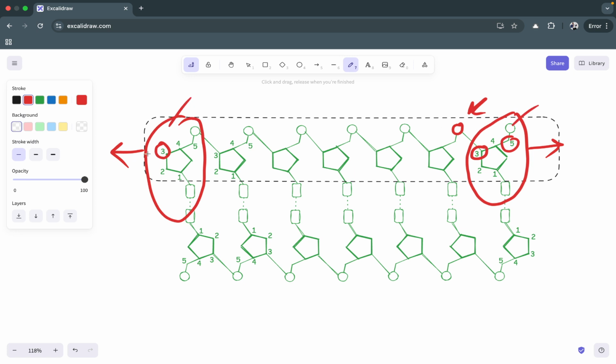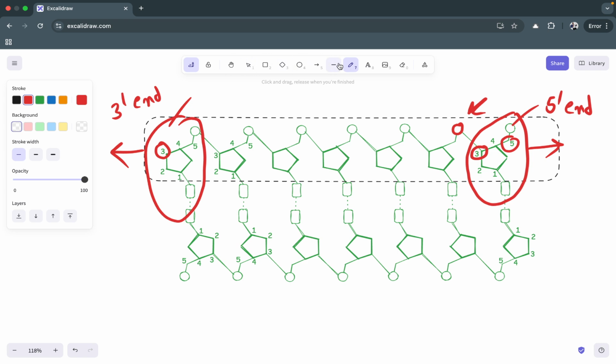On this side, the third carbon atom is pointing outside, and on this side, the fifth carbon atom is pointing outside. Also, the third carbon atom is free in the leftmost end, and it is busy making a bond in the rightmost end. So the end in which the third carbon atom is free or pointing outward is called the 3' end. And the end in which the fifth carbon atom is pointing outward is called the 5' end.